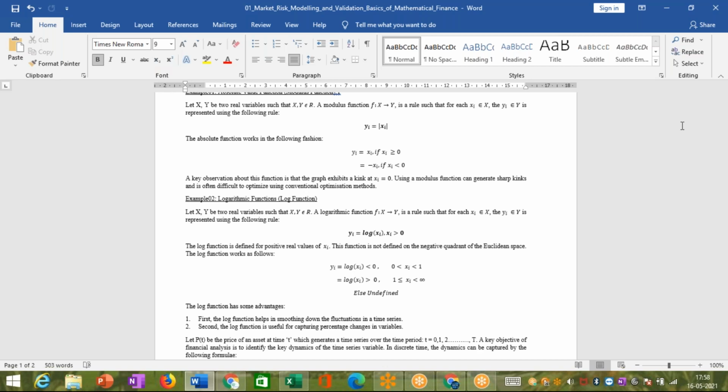Now the question is, if you use the log function and the exponential function together, right, it can help you create a log normal distribution, which is one of the most important distributions used in mathematical finance.